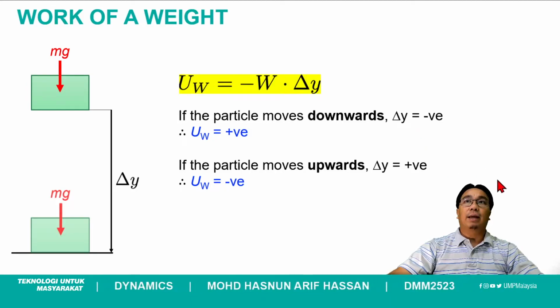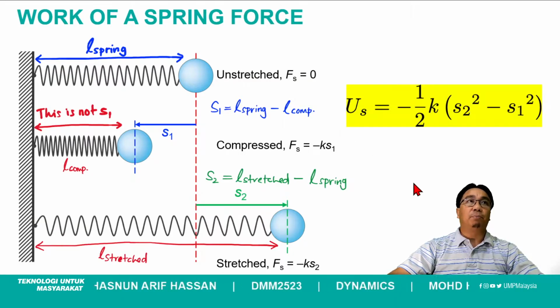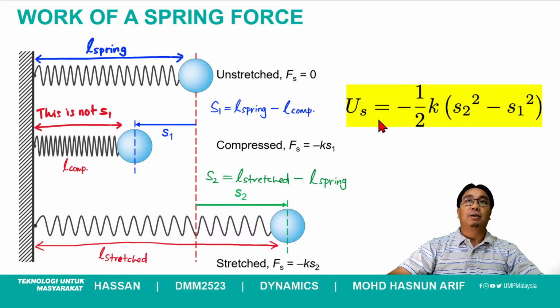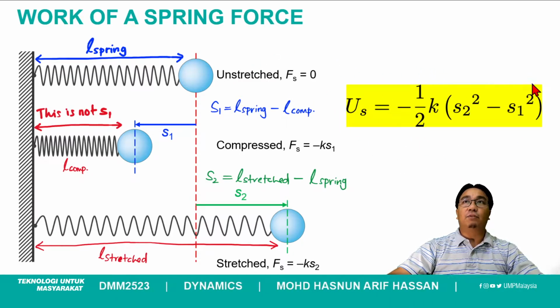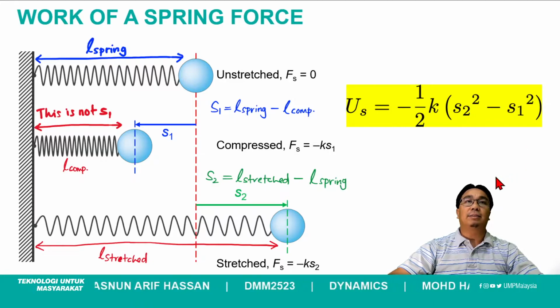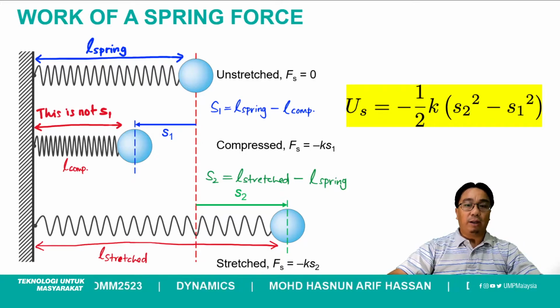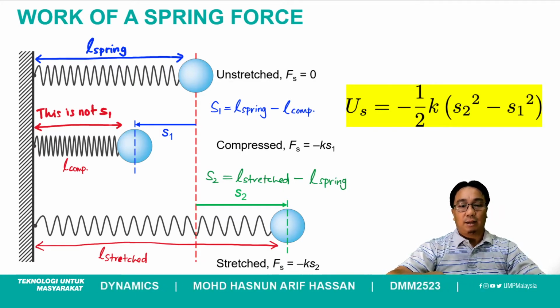Okay, and then finally we talk about work of a spring force, which can be calculated by this formula. US is equal to minus 1 over 2 K times S2 square minus S1 square.